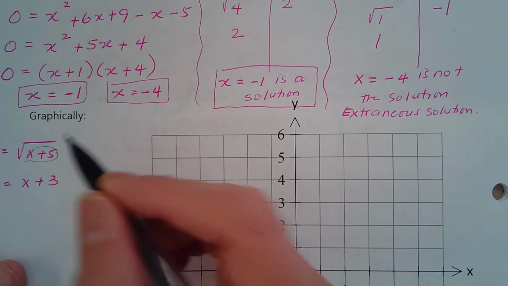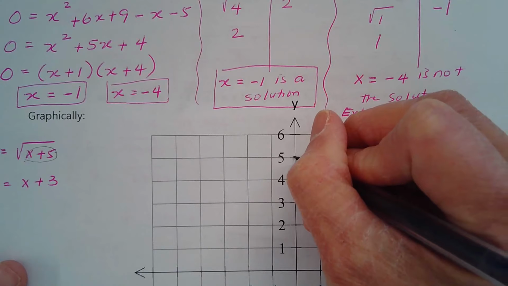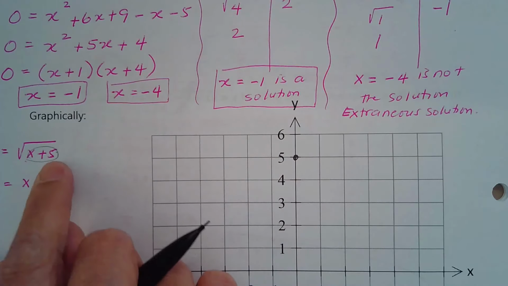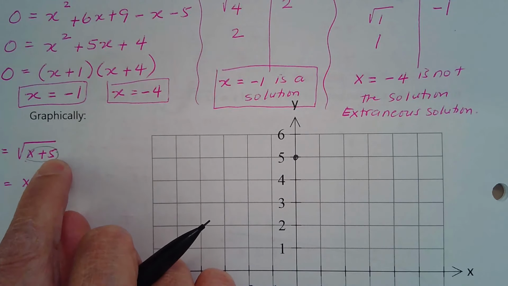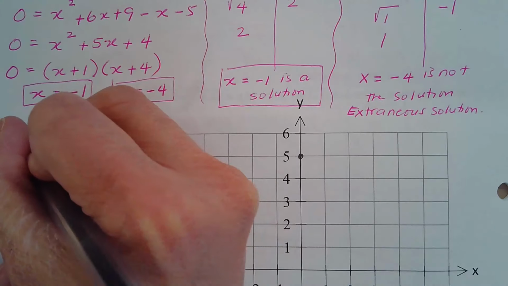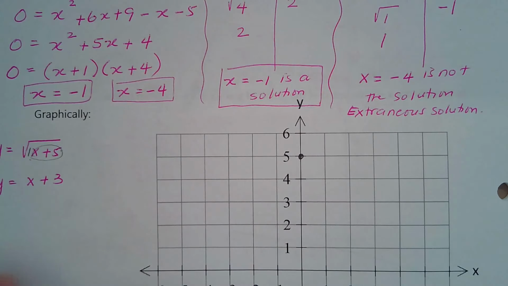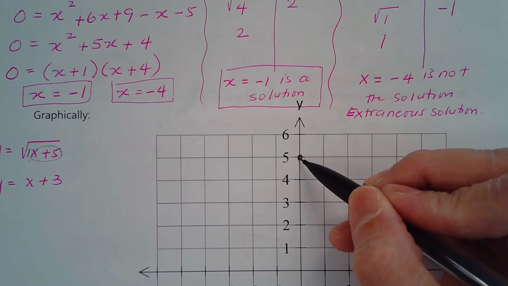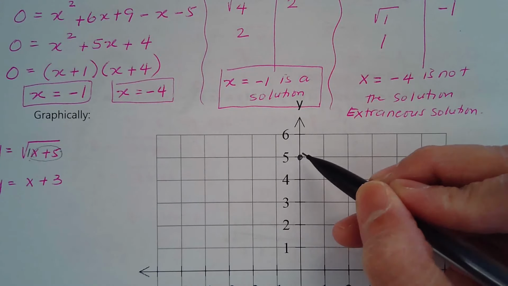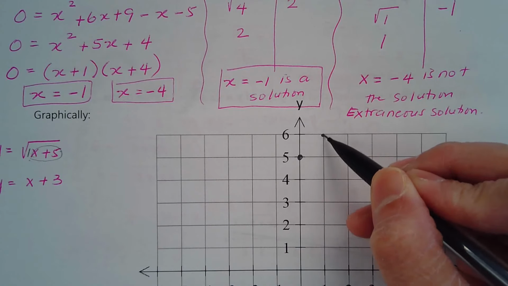Y-intercept is 5. Okay, earlier there was some kind of discussion about that one. So y-intercept is 5, and then because it's x, the slope here is 1. So the slope is 1, rise over run.